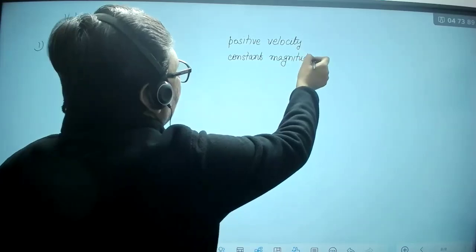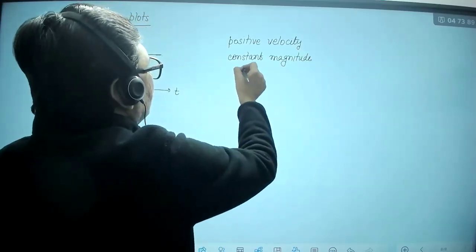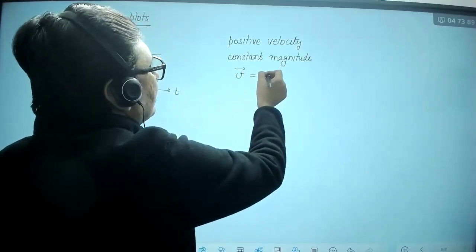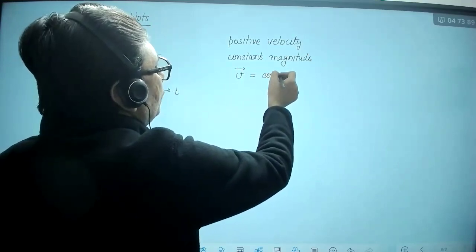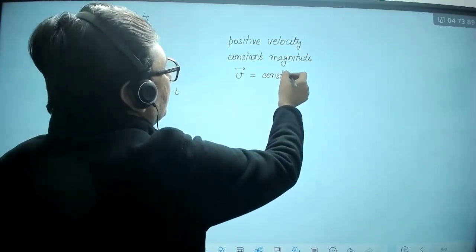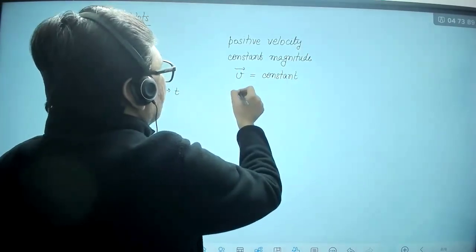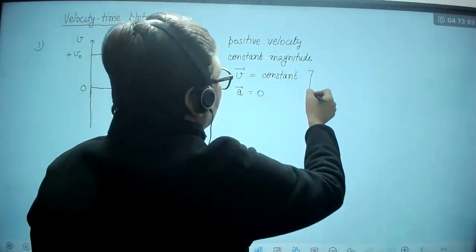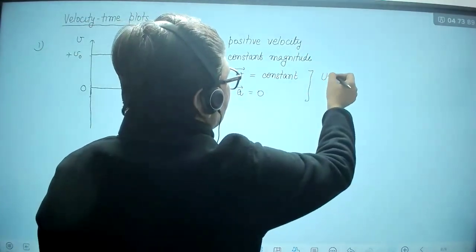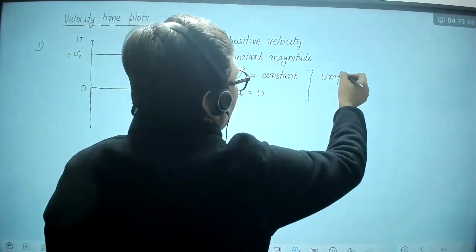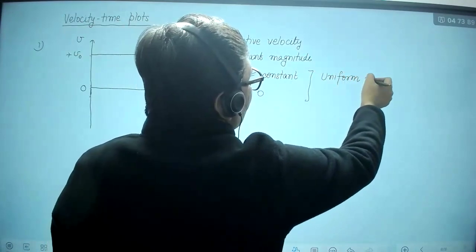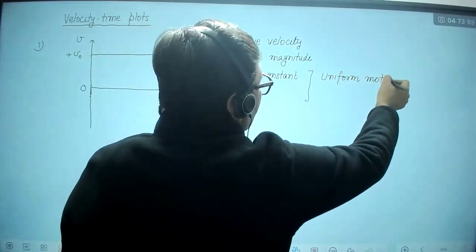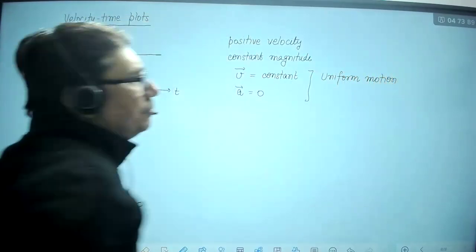Magnitude as well as direction is constant. So V is constant, so acceleration will be 0. So this will be uniform motion. This plot is representing uniform motion.